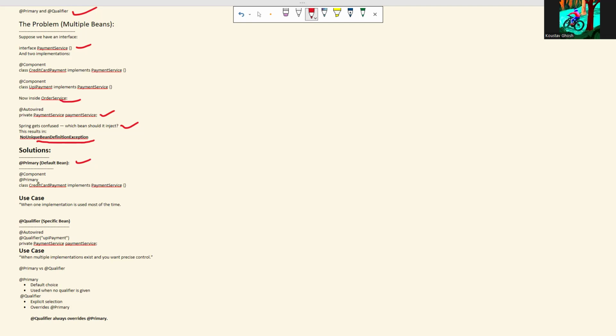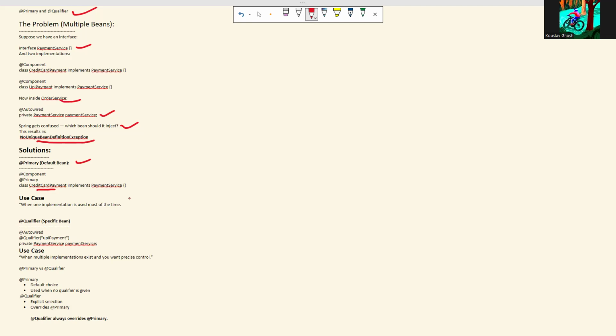See the code here: in the component class credit card payment, we are using the primary annotation, and through it we are telling Spring not to get confused, use this credit card payment and inject it. So Spring will now inject the credit card payment by default.